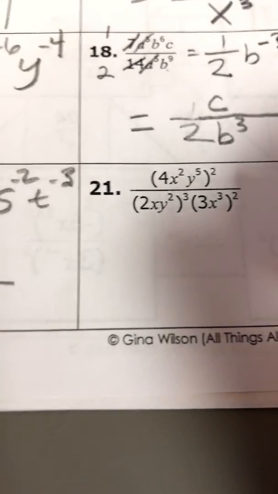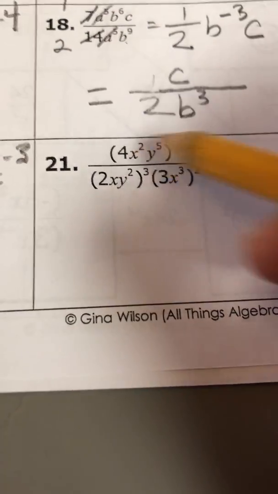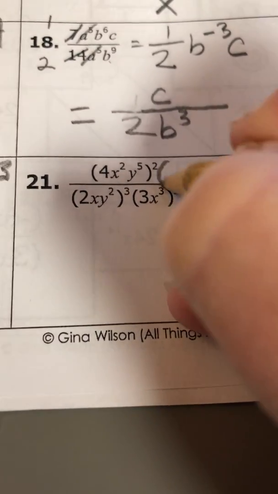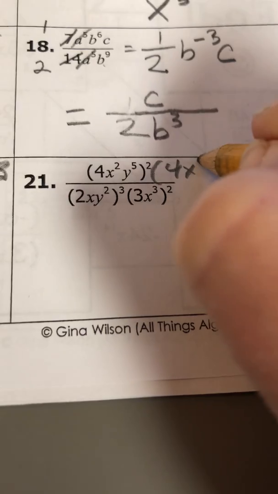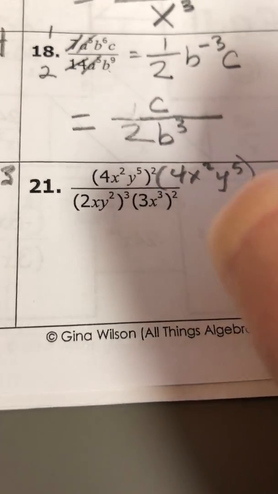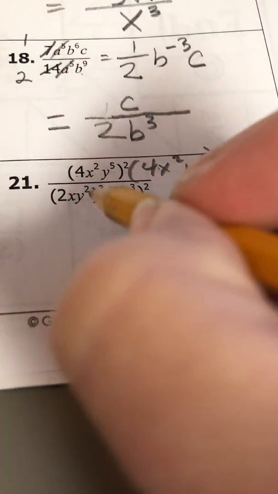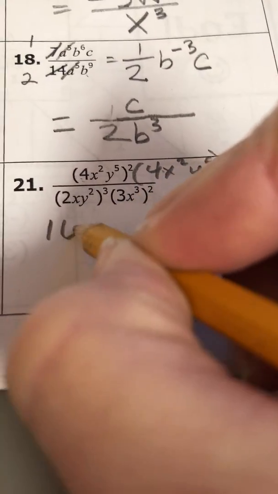And last but not least, I have this one. So I'm going to put a lot of these concepts together. I'm squaring these, so I can rewrite it like I'm multiplying those two together. I'm going to rewrite the top line. 4 times 4 is 16.